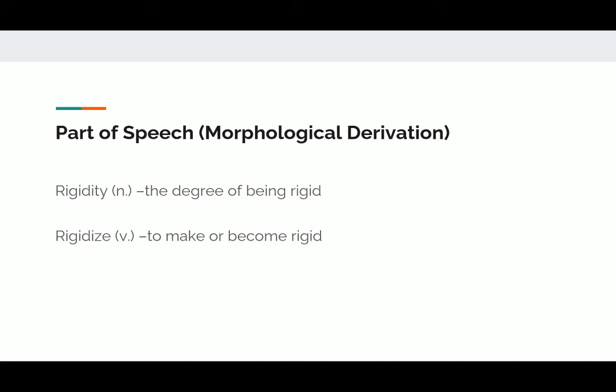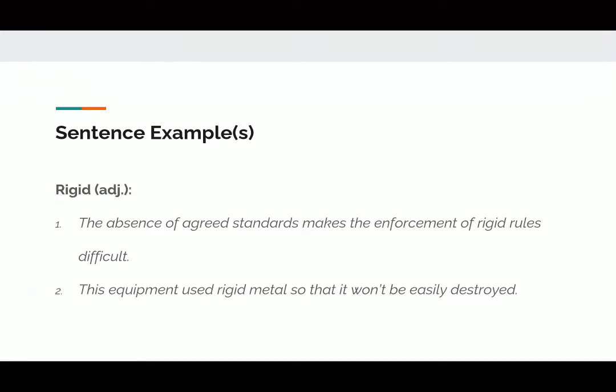And the second derivation is rigidize. The verb rigidize means to make or become rigid. So by saying something is rigidized, it means it was made rigid.